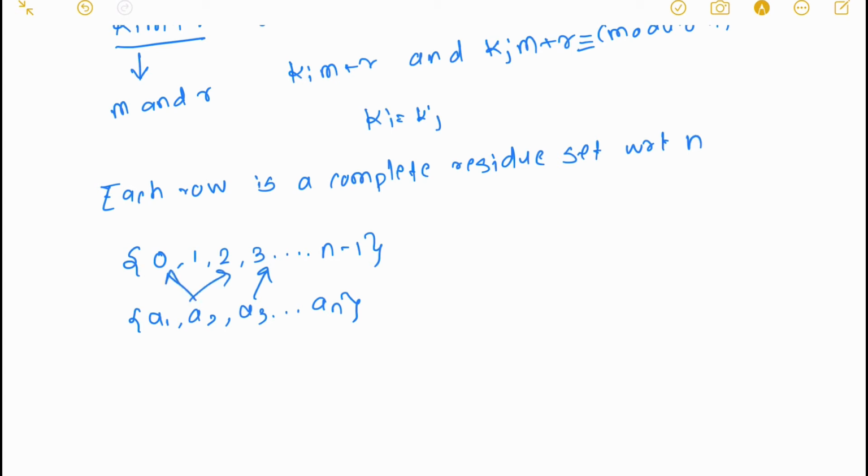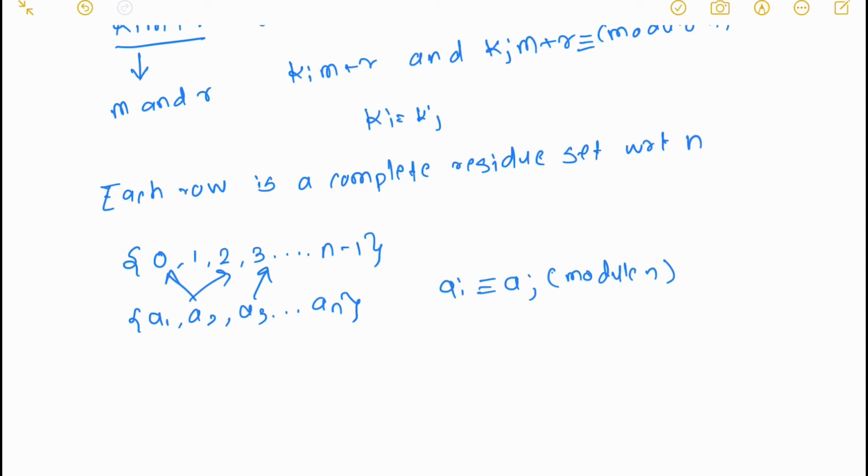That is, there won't be any two elements a_i and a_j which correspond to a single residue class, that is, there won't be any case where a_i is congruent to a_j modulo n. So this is said to be a complete residue set.